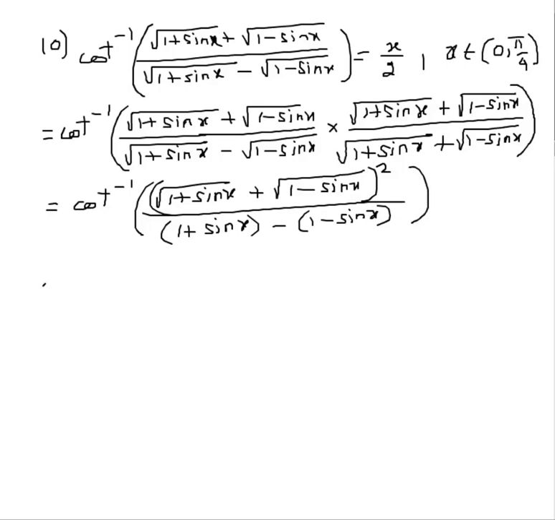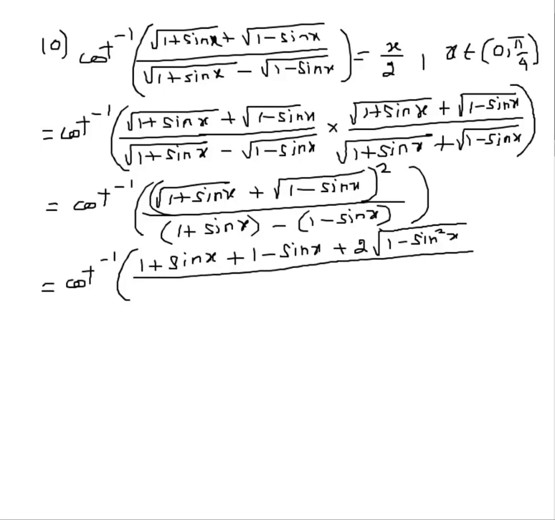Let us simplify further. A plus b the whole square formula, I am expanding: a square plus b square plus 2 times ab. So both are under root. I can multiply and write it under one root. 1 plus sin x into 1 minus sin x becomes 1 minus sin square x, divided by sin x minus of minus sin x, so 2 sin x.